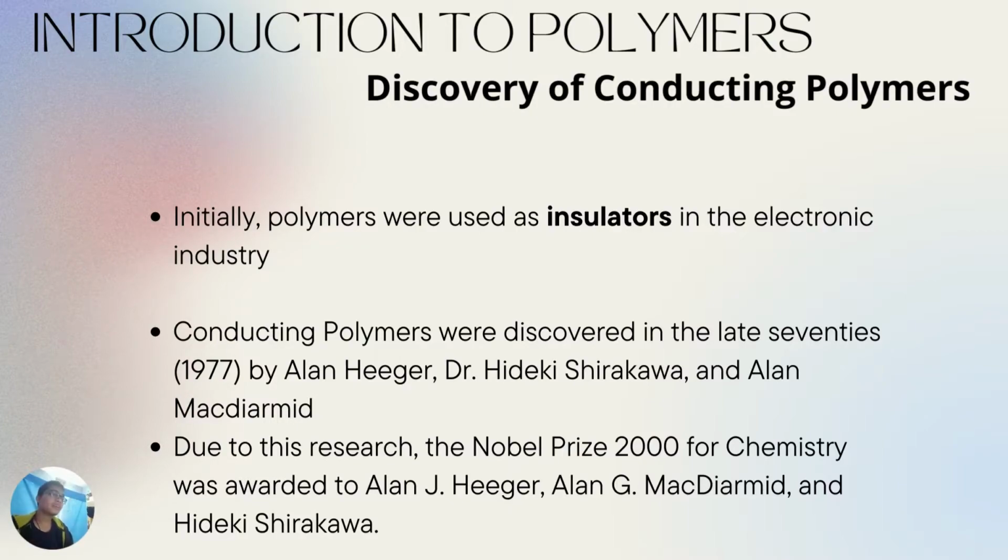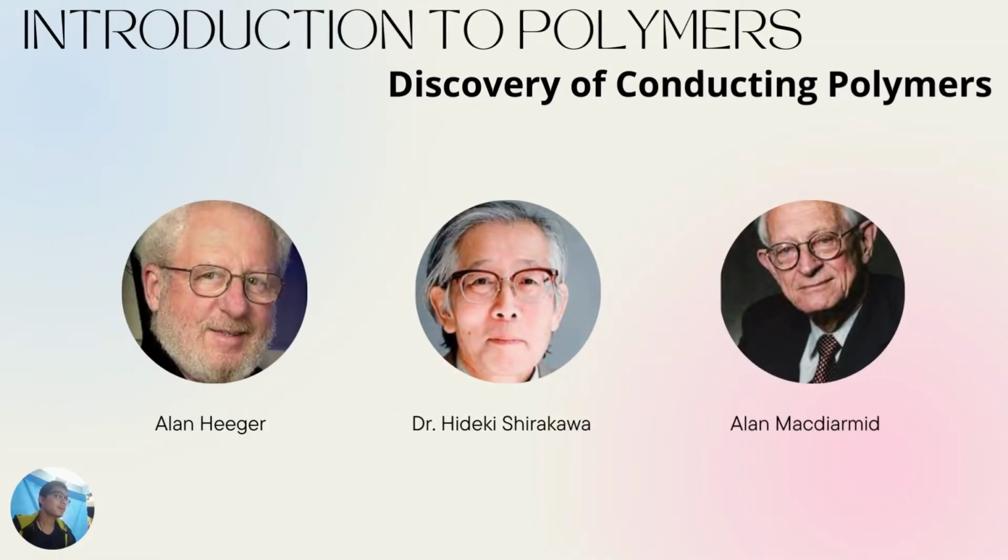So let's see their beautiful faces. Alan Heeger, Hideki Shirakawa, and Alan MacDiarmid. These 3 guys found conducting polymers in 1977 and are Nobel laureates. Unfortunately, Hideki Shirakawa is not with us anymore.